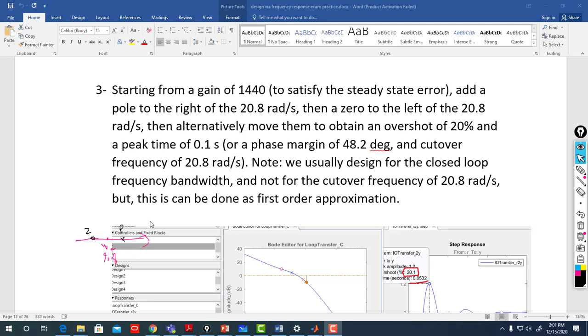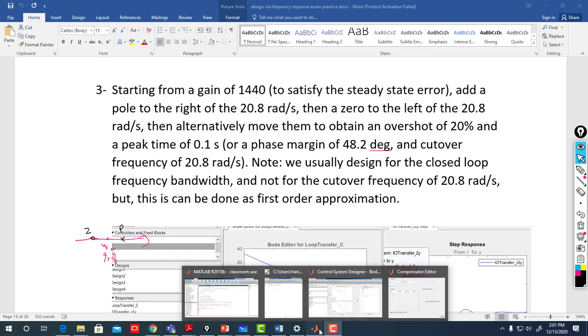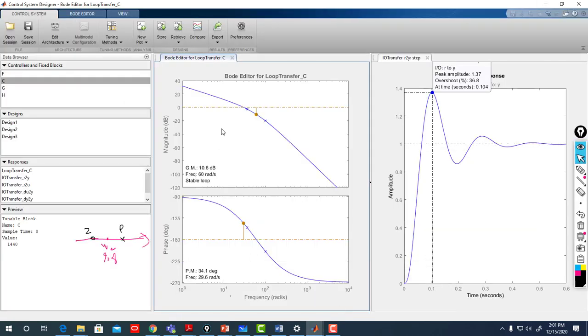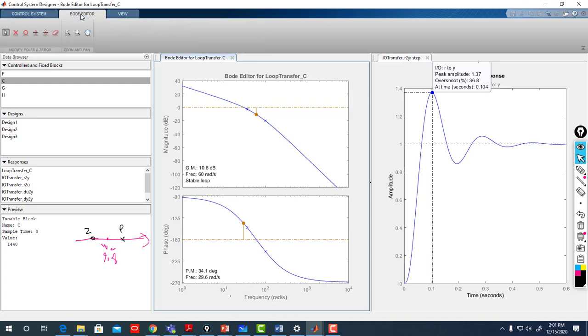So let's go and add it. I'll add a zero to the left of omega C and a pole to the right of omega C, where omega C is 20.8. So where is the 20.8 first?